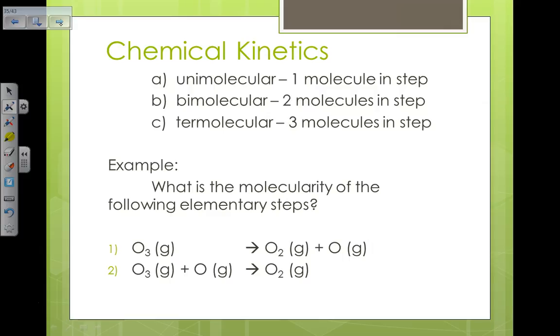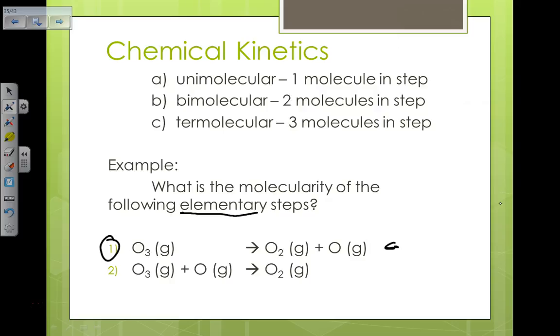And so now if we have a reaction like this one right here, example number 1, the idea is that we are saying that this is an elementary step. It's only one bond-breaking or bond-making step. So what is the molecularity of that step? Well, we have to be careful here, because when we're talking about molecularity, I have a lot of students that'll say 1.